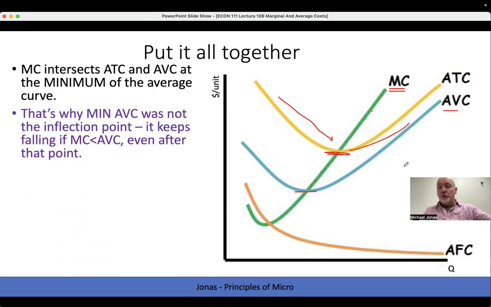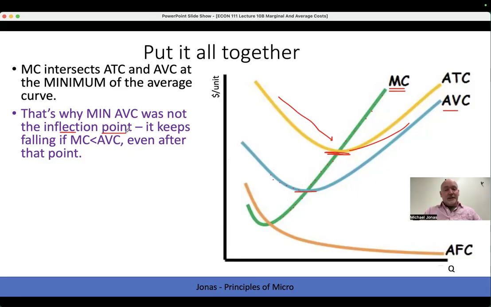The new unit only has a marginal cost because of the labor, right? So the average variable cost is going to keep declining as long as the marginal is below the average. So that finally answers, I know you were just waiting patiently, the question why we didn't label the minimum of the average variable cost curve as the inflection point.